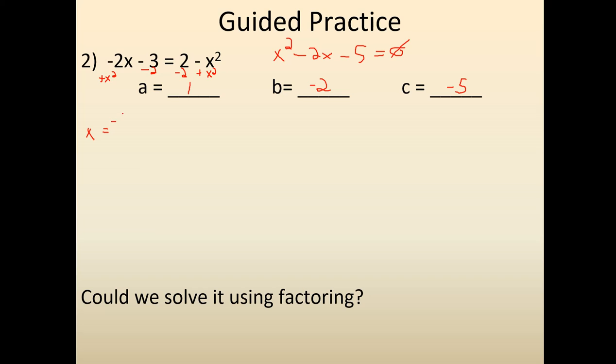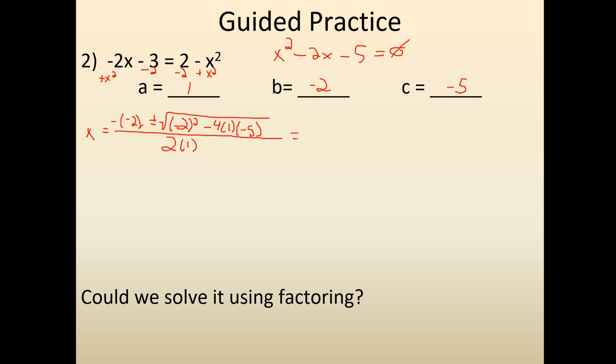It's negative b, which is negative 2, plus or minus the square root of b squared, which is going to be negative 2 squared, minus 4 times a times c, all over 2 times 1.